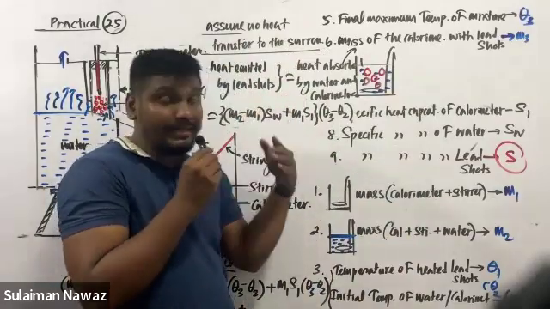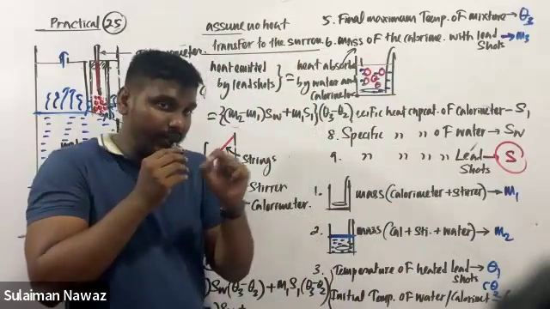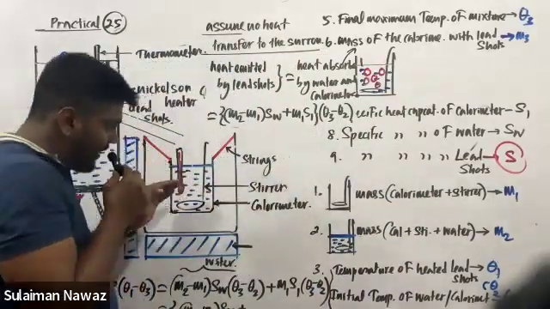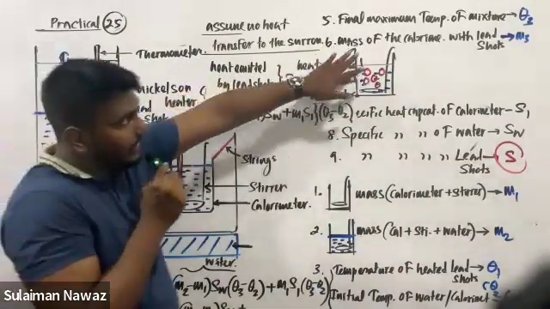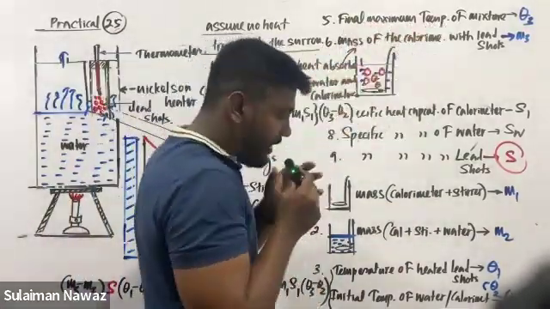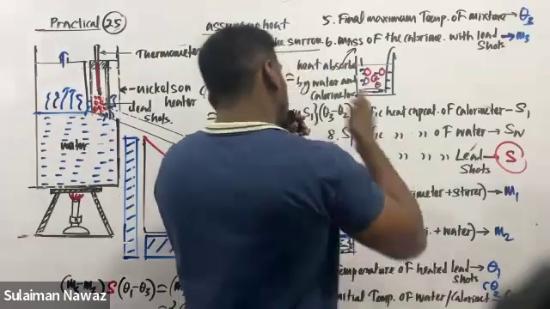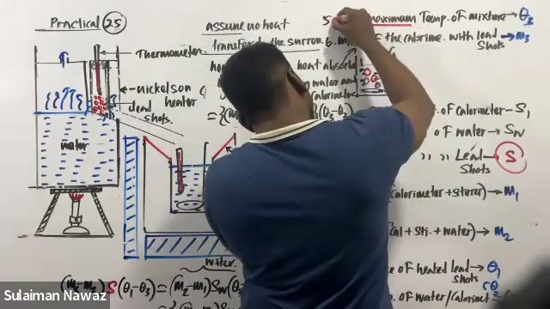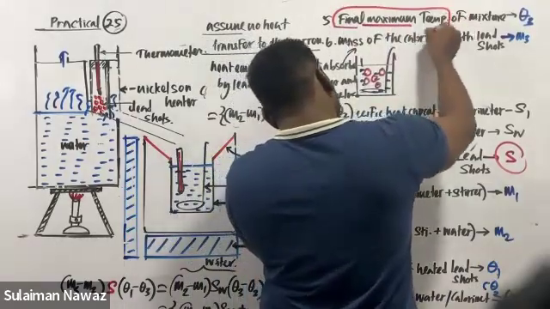Obtain the final maximum temperature. Always highlight this when you are writing also. Theta 3 means the final maximum temperature. Highlight these two terms: final should be there, maximum should be there.